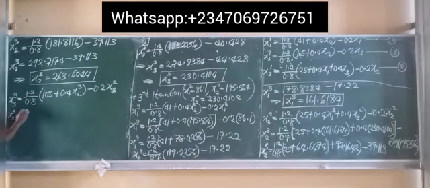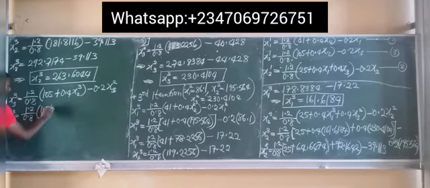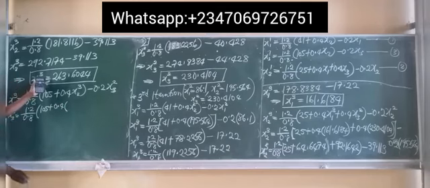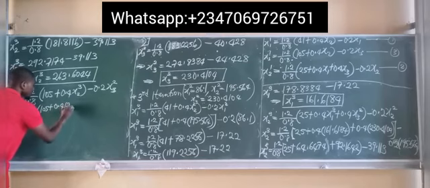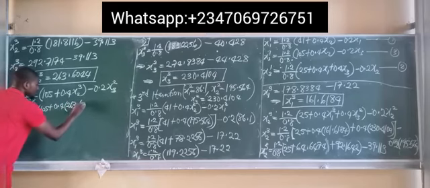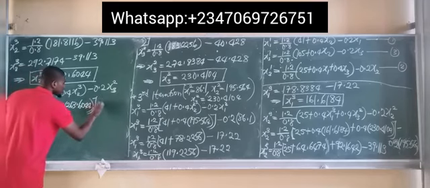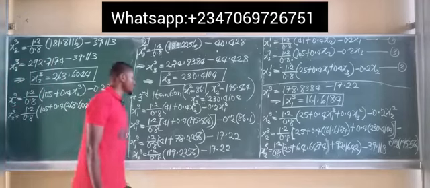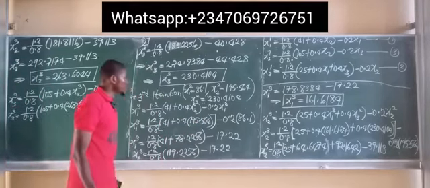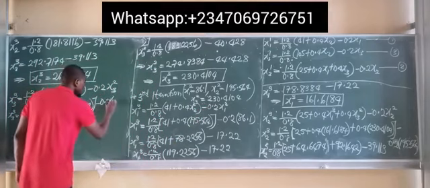X3 of 3 is now equal to 1.2 divided by 0.8 into 105 plus 0.4 times x2 of 3, which is 263.6044, minus 0.2 times x3 of 2, and x3 of 2 actually gave us 230.4104.